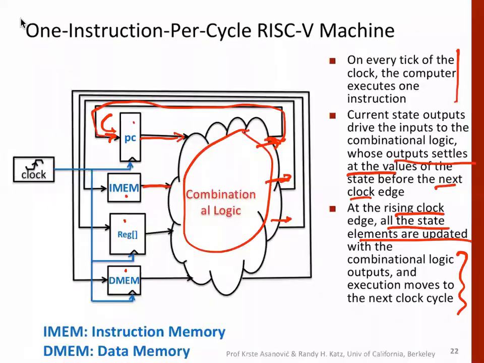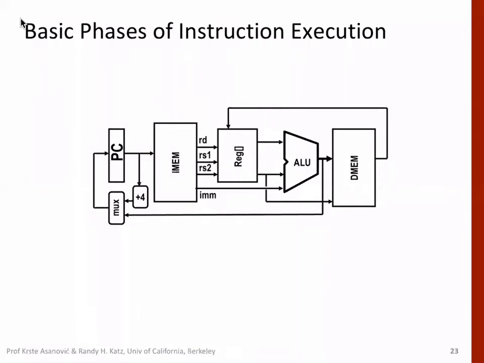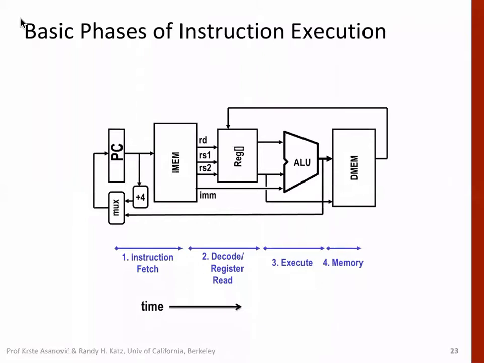Of course, there is a clock connected to all these state elements. This diagram shows the basic instruction execution. Now we can see a very gross, top-level view of instruction execution or the data path.